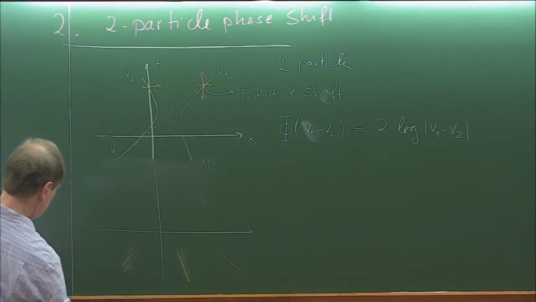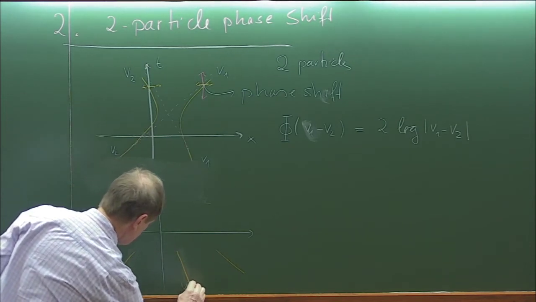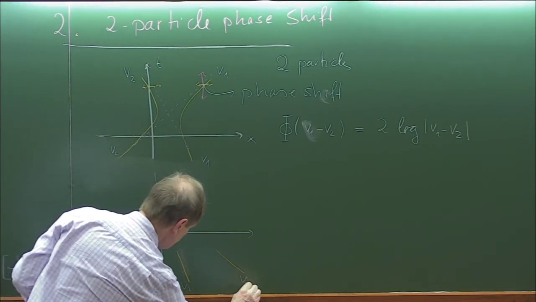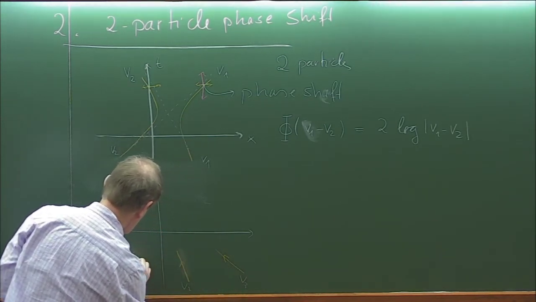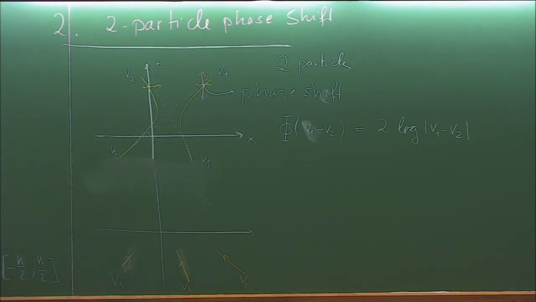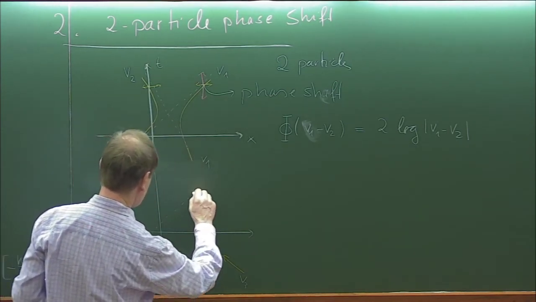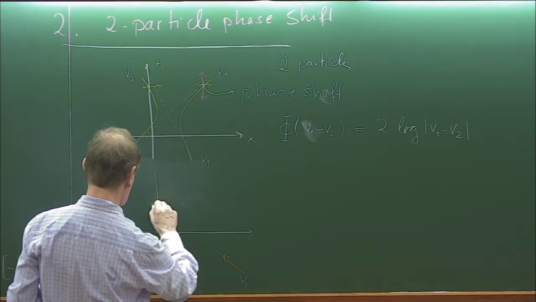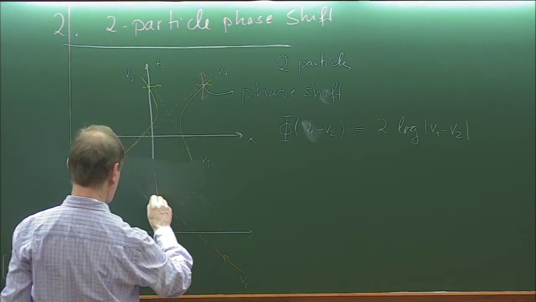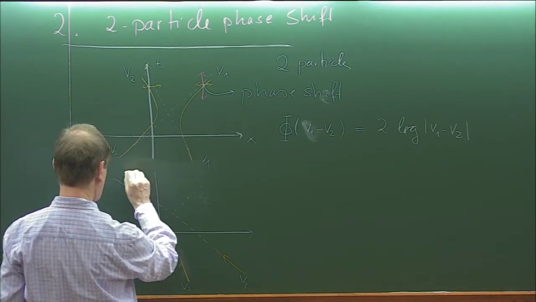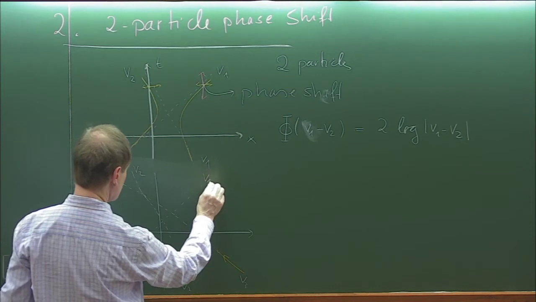So now I have velocities v1, v2, and v3. Now, of course, I can still put these potential lines here, and then this one here. So this is v3, that's v2, and that's v1.